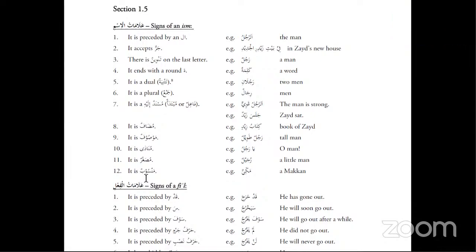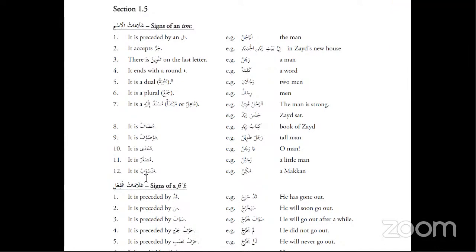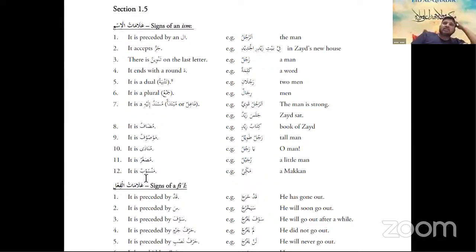And the other situation is when it is preceded by a preposition, harf jar. So we're saying jar. Jar means when a noun gets a kasra, and harf jar is the particle which gives kasra.